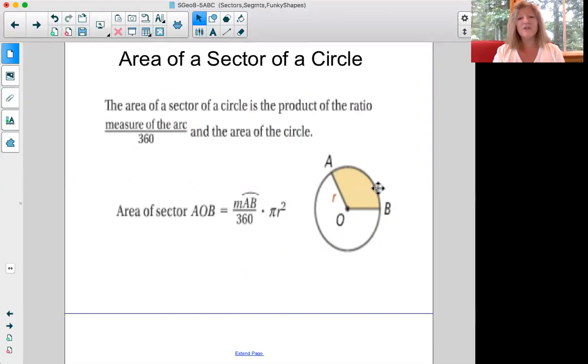We need the measurement of the arc, which is the same as the measurement of the central angle, divided by 360. That'll tell us what fraction of the whole circle it is. So the central angle and the measurement of the arc are the same. Measurement of the arc divided by 360 will tell you what fraction, and then you multiply by the area of the whole circle, pi r squared.